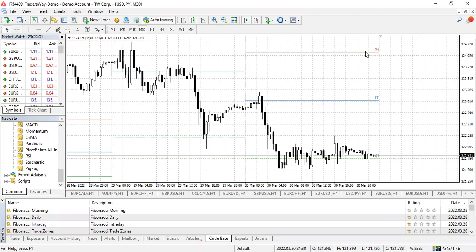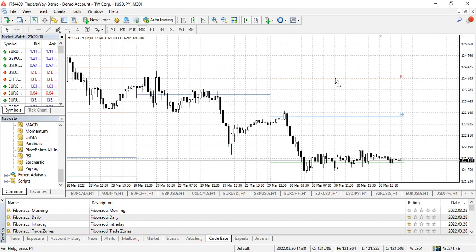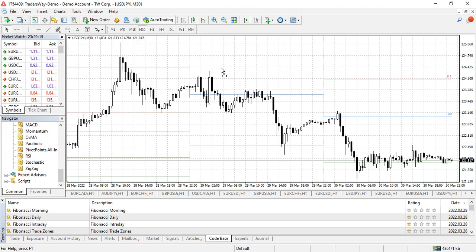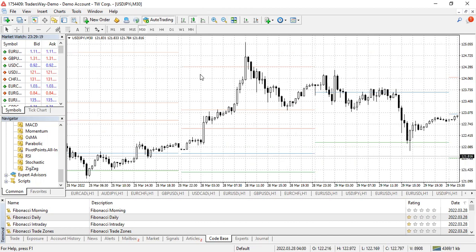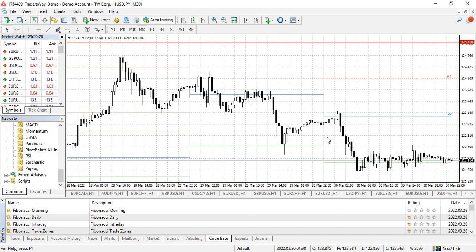Even though you have these points like this, even though the system automatically helps you to identify the points here, you yourself have to make sure you identify key points as well, so that you're able to know where you are going to place your own take profits and stop loss. Because this particular system will not help you to identify where you are going to place your stop loss or your take profits. So you are going to do that yourself.